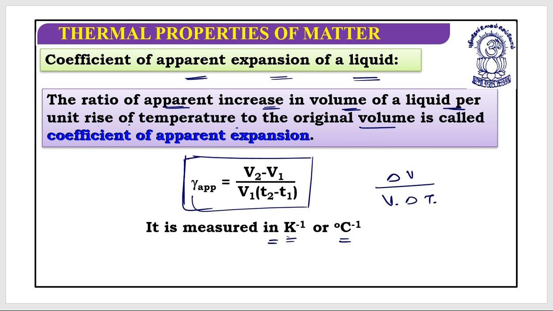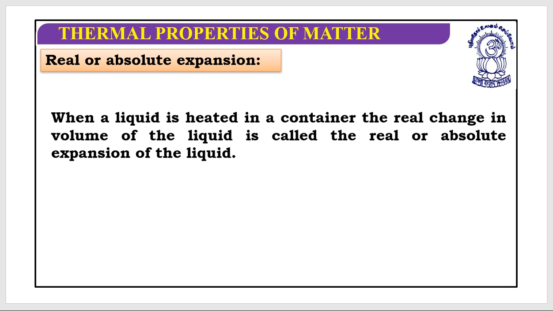Now let's understand what real or absolute expansion is. When a liquid is heated in a container, the real change in volume of the liquid is called the real or absolute expansion of the liquid.